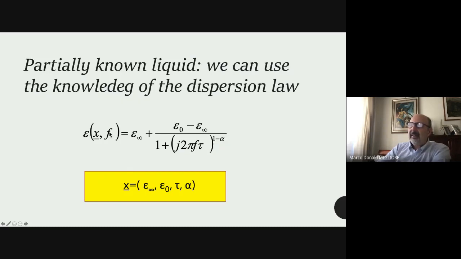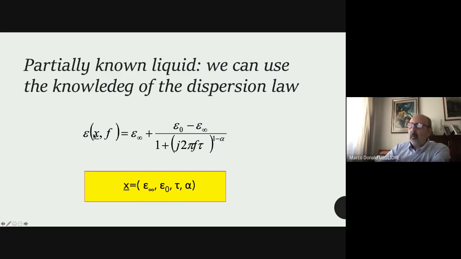And of course, this is the frequency, so we must measure the reflection coefficient in a large band, and X are some unknowns. These unknowns are epsilon infinite, epsilon 0, tau, and alpha. So these X are the unknown of our, let us say, inverse problem.